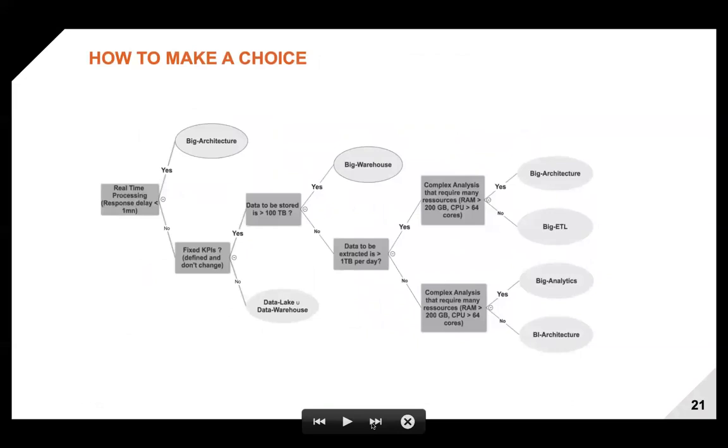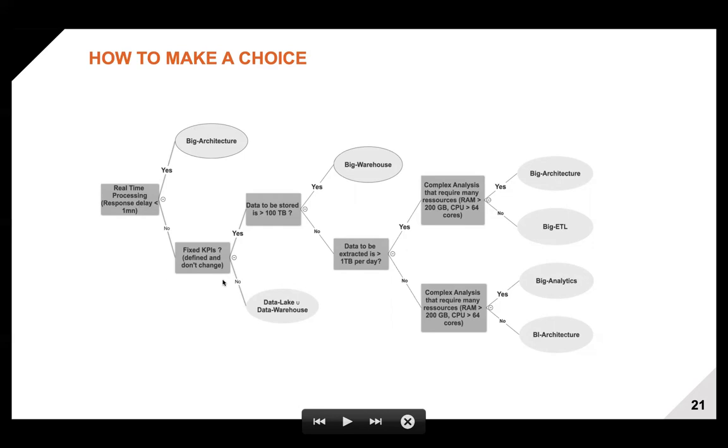Now here we present a tree in order to help the decision making about the different architectures that we presented. So as you can see here, the first question that you have to ask is, should we have real-time processing? If yes, the only architecture that can respond to this need is the big data architecture.